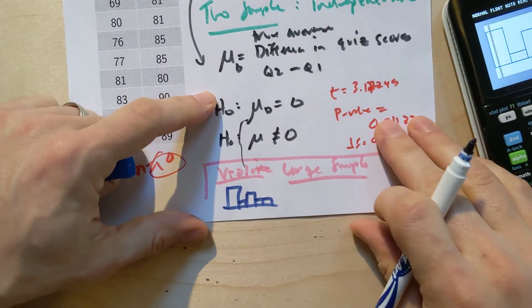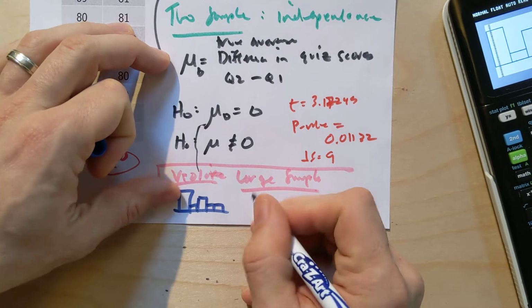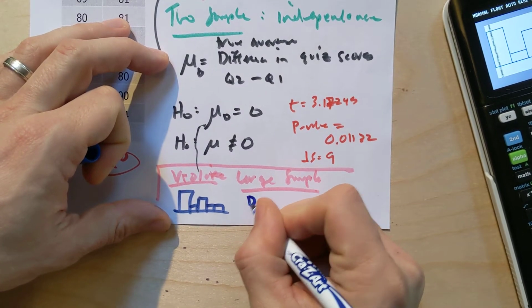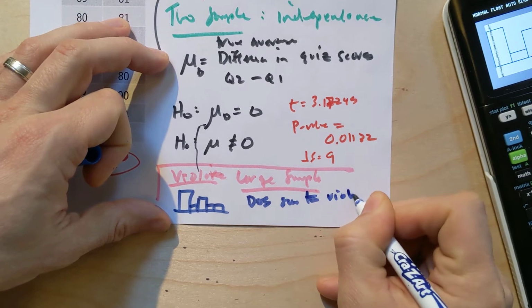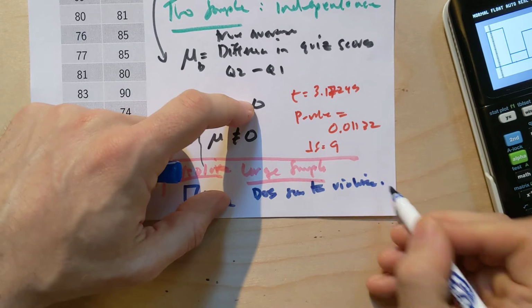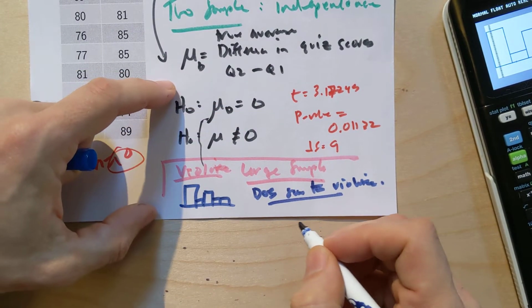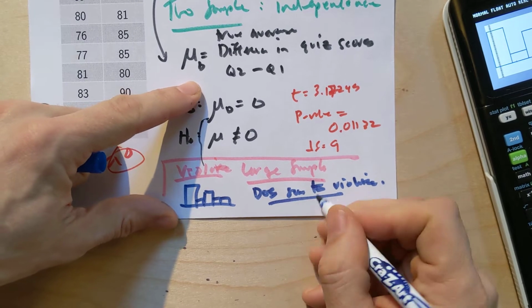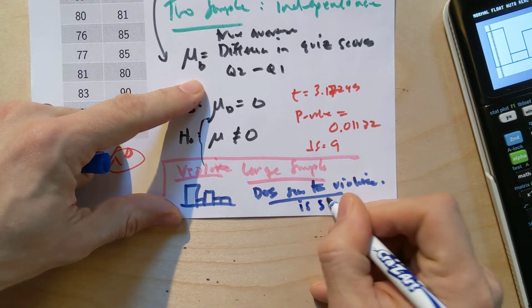You're kind of stuck in a hard place. But in this case, you might actually go ahead and do this. So I would say that this does seem to violate it, right? But I might go ahead and still calculate the test statistic and p-value just because I'm a statistician and I like to do that. But I would talk about how this does seem to violate this condition because maybe there aren't any outliers, but there is definitely skewness here.